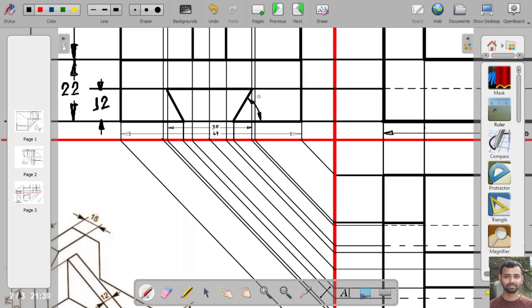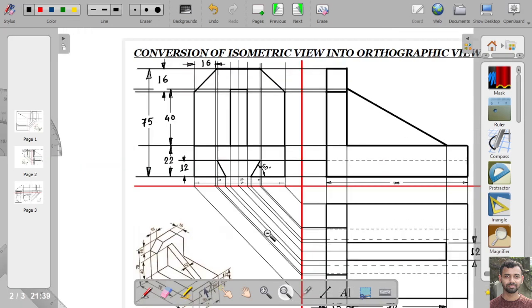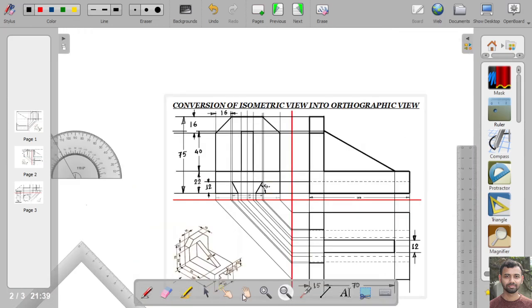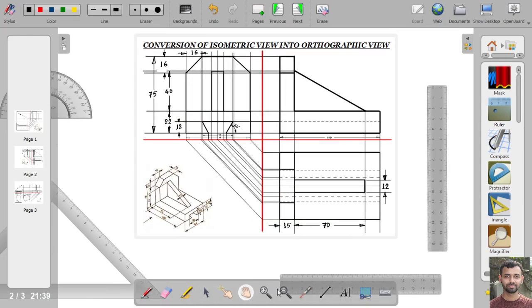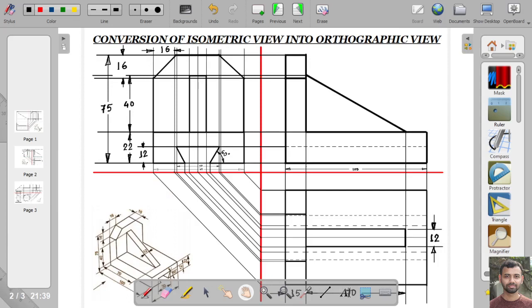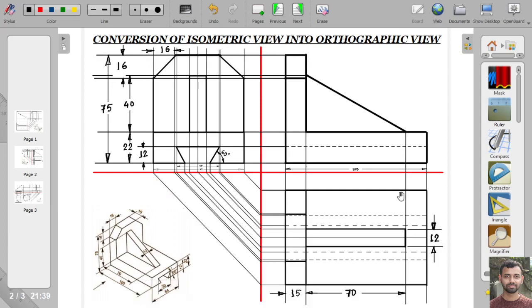This angle is given as 60. Okay, so that's all. So this is the final view of the structure. This is the final view of the structure. Okay, so thank you.